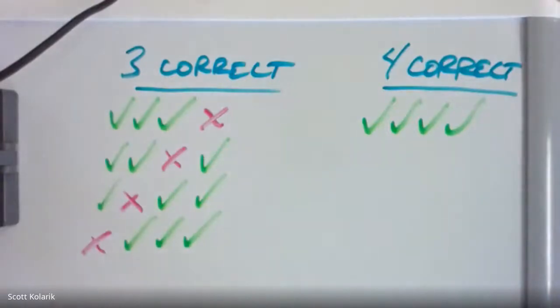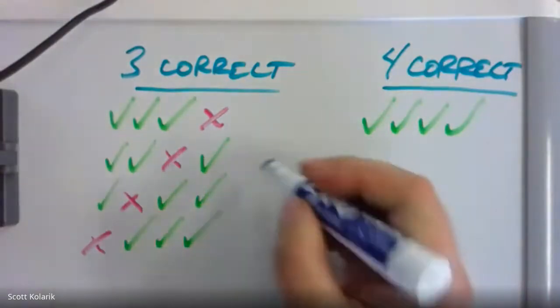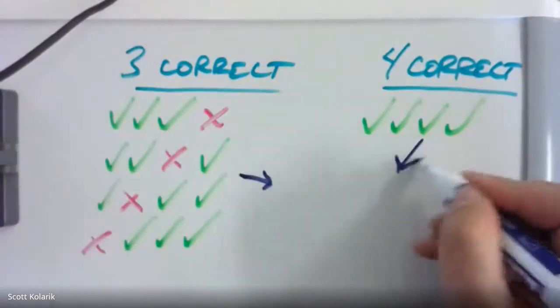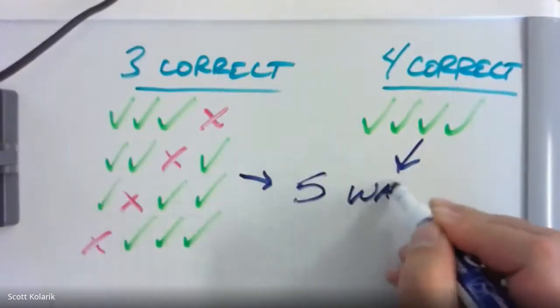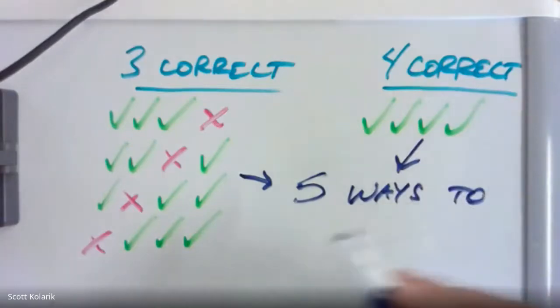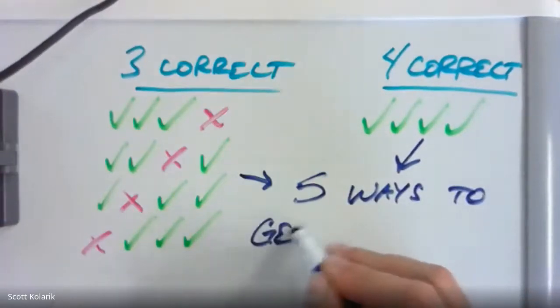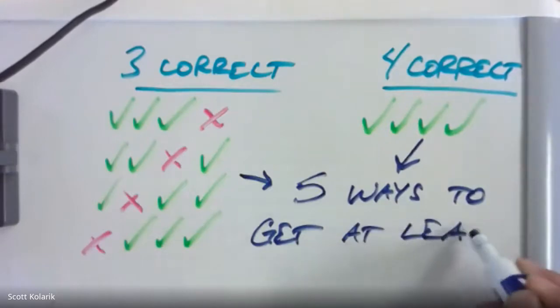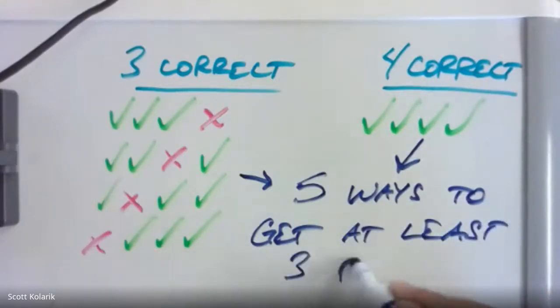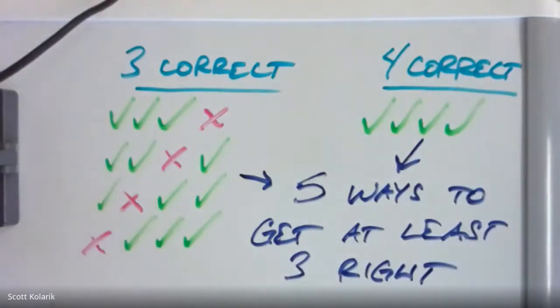So in total, that means I'm going to have 5 ways to get at least 3 right. There are 5 ways to get at least 3 right.